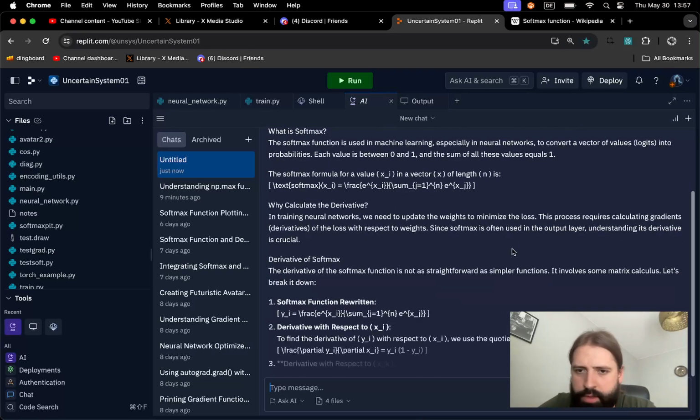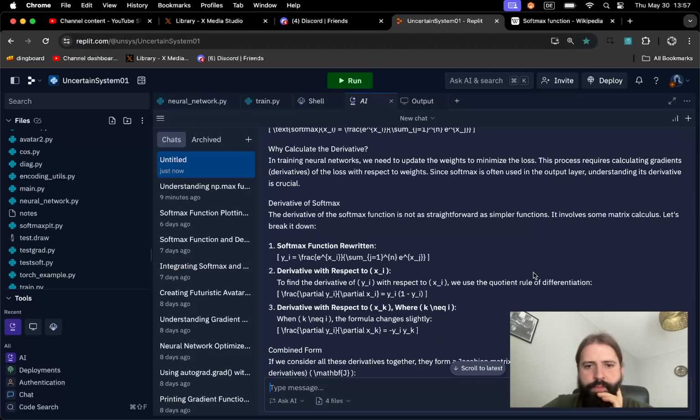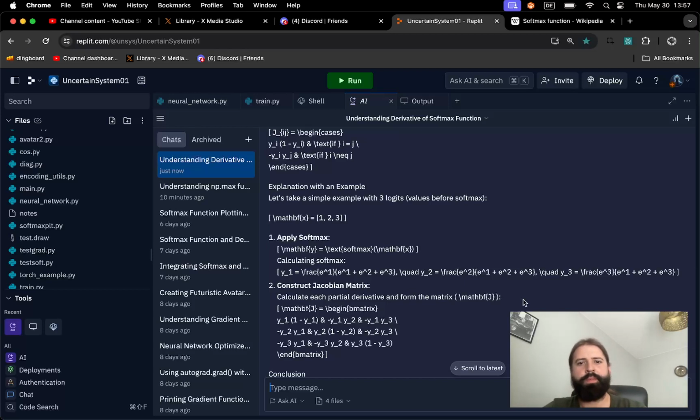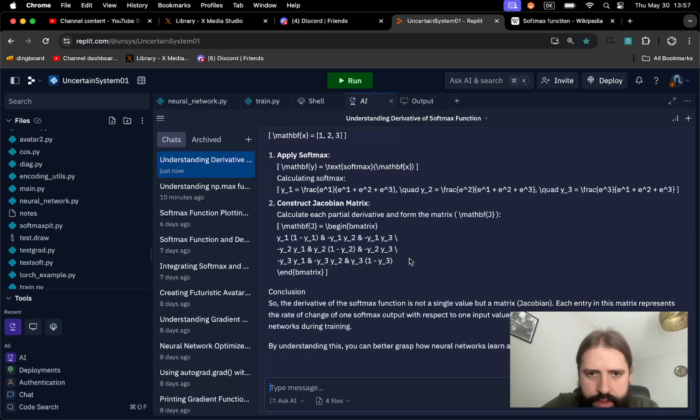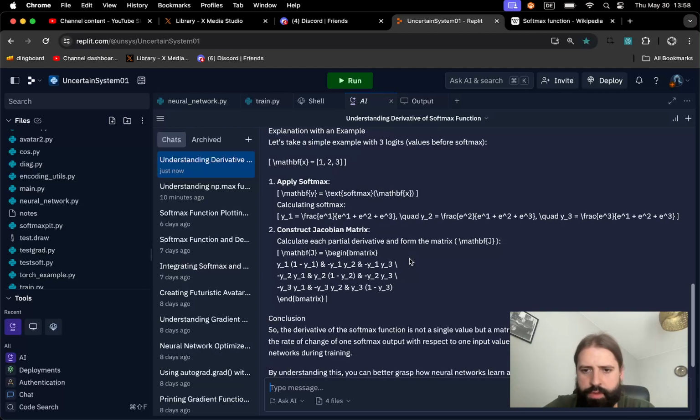Weights, loss versus cascading gradients, the loss is often used, and its derivative is crucial. Three logits. Each partial derivative in the form of a matrix. Okay. So the derivative of the softmax function is not a single value, but a Jacobian matrix.